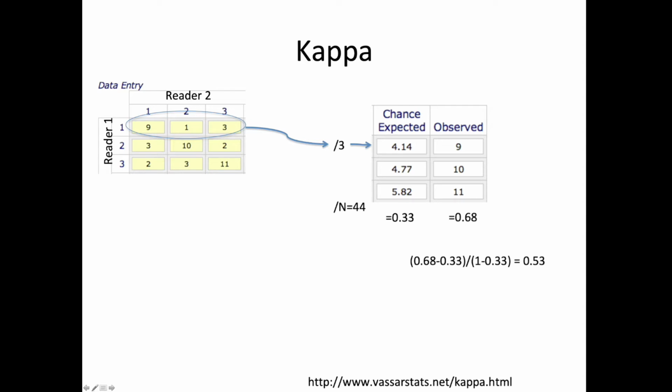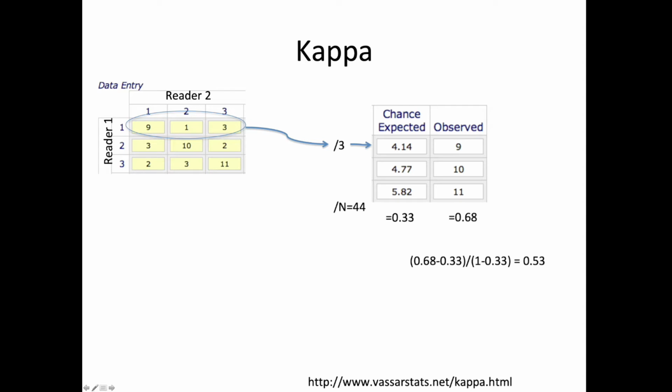So if you just took this row, the expected agreement by chance alone would be that they'd agree with each other 1/3 of the time, and the total number of agreements by chance would be 4.14, 13 divided by 3. And we observe 9.